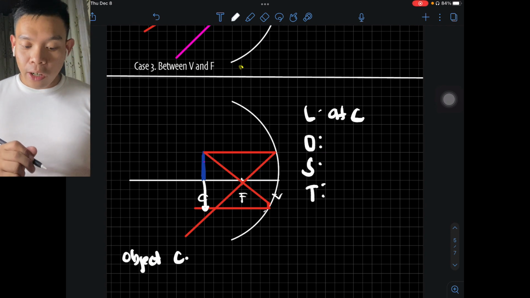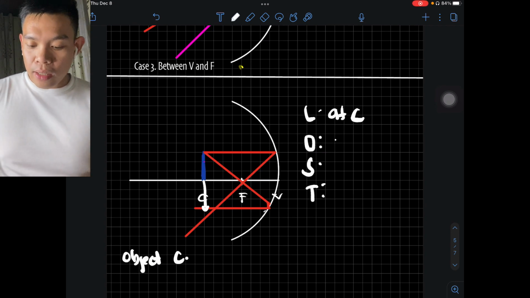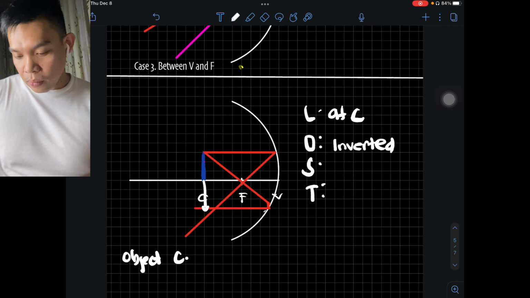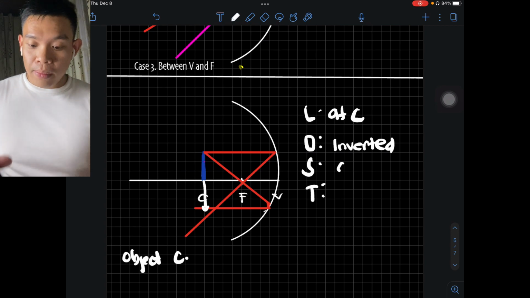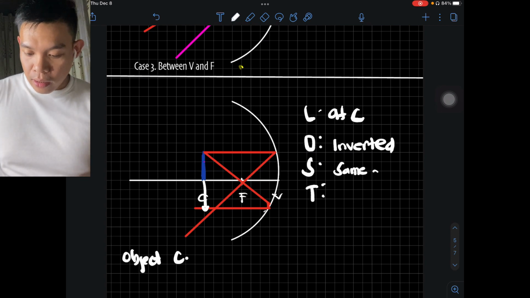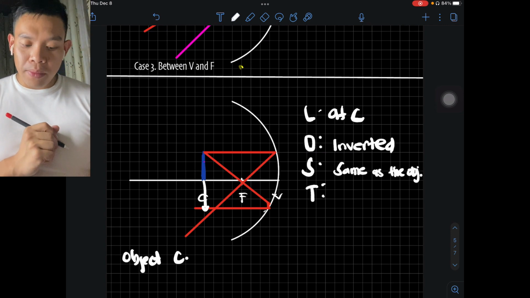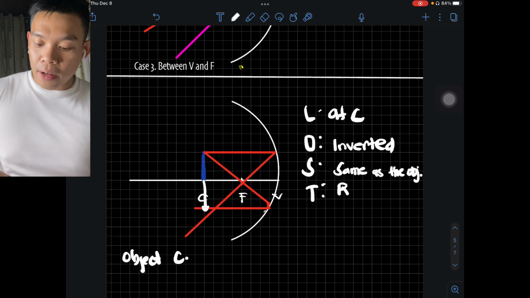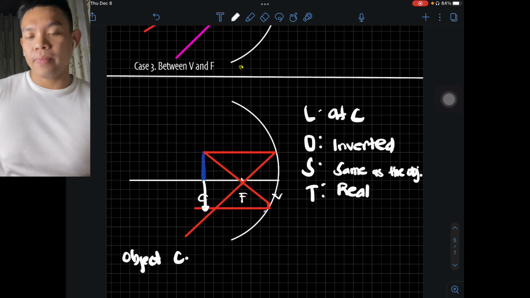The orientation of the image is inverted. The size of the image is the same as the object. And the type of image formed here is, of course, a real image.